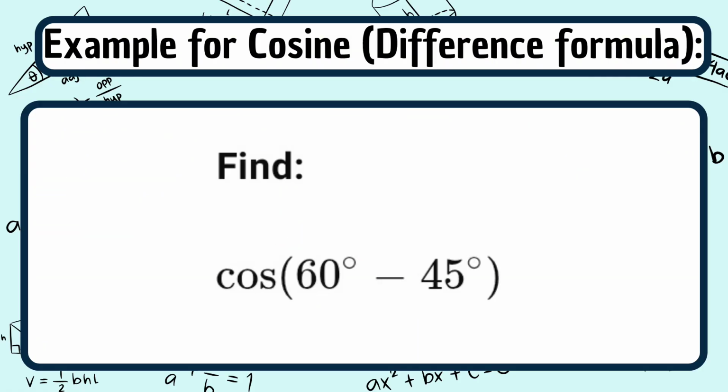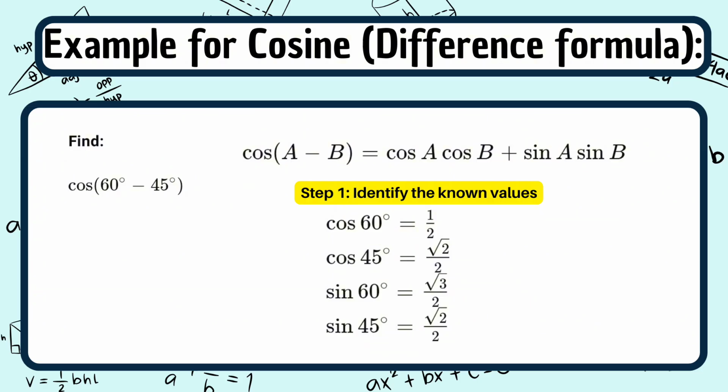Next, let's proceed to cosine using difference formula. So let's solve for cosine 60 degrees minus 45 degrees. We can use this identity: cosine A minus B is equal to cosine A times cosine B plus sine A times sine B. Let's proceed to step number 1. Identify the known values. After that, let's proceed to step number 2.